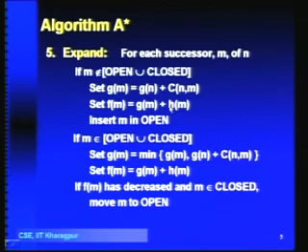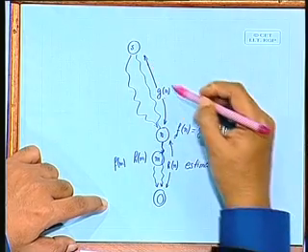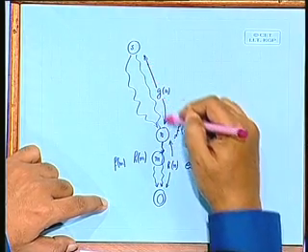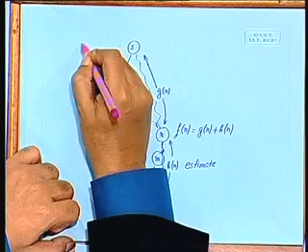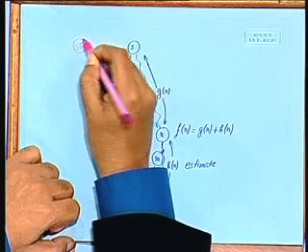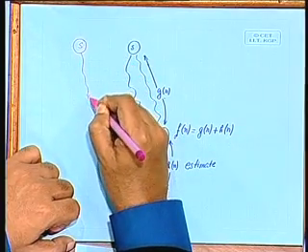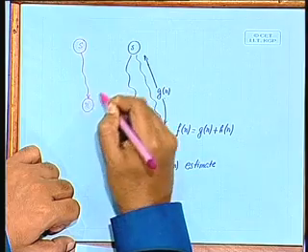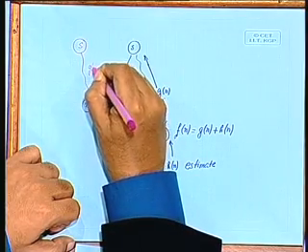Now, why is that so? If you have this from the start state S, I have gone to n and this was my Gn.